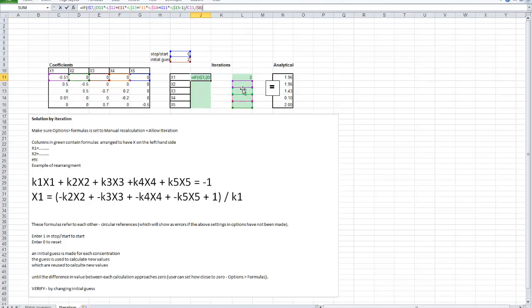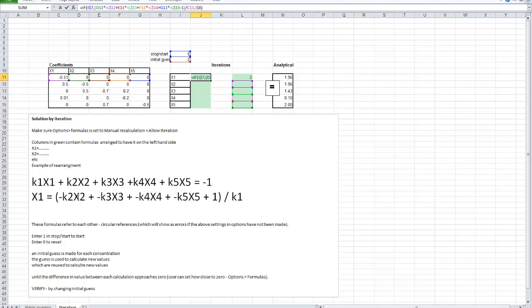These are the concentrations of the other compartments which it needs to refer to. Notice that it's referring to them in a separate column. Okay, but that's the equation that you've got written down here.